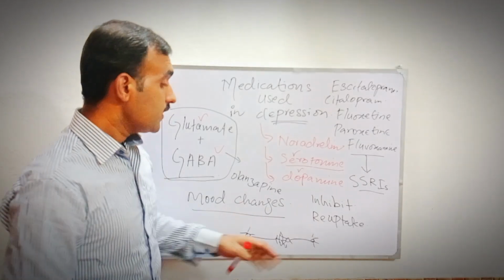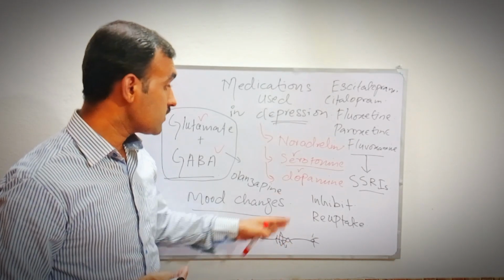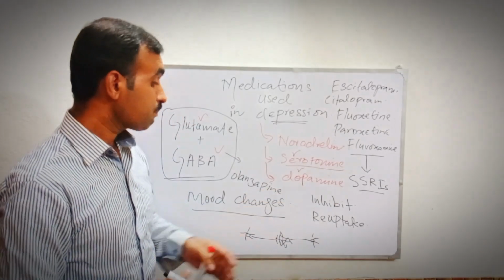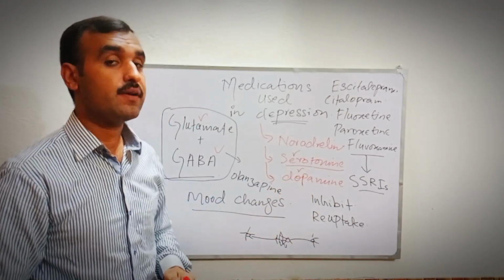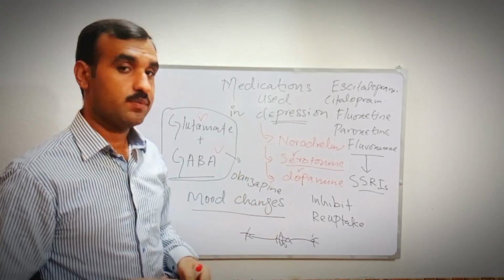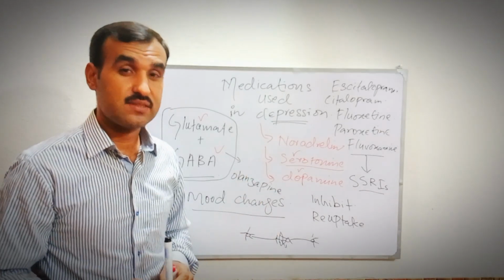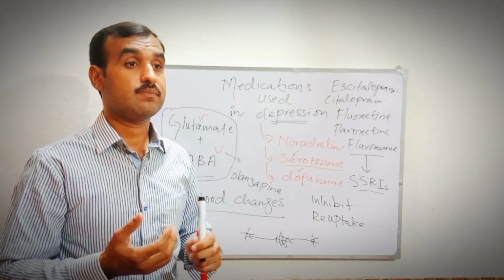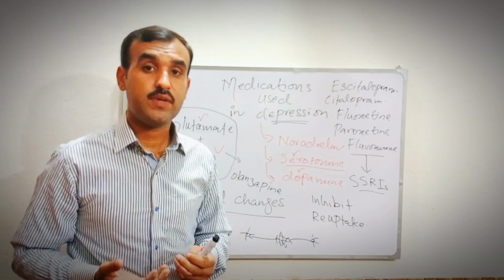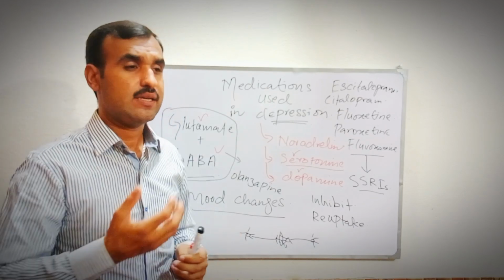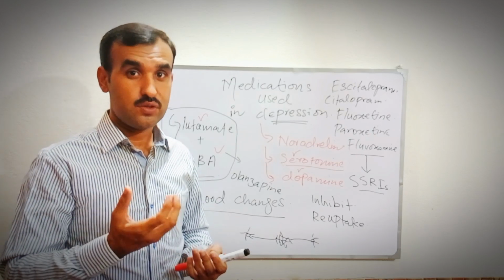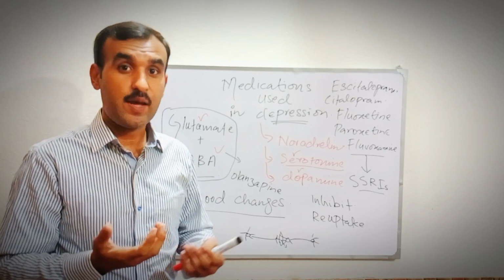So whenever the reuptake of these chemicals is inhibited by such medicines, the serotonin or dopamine level is ultimately increased inside the brain, and the person will feel relaxed, calm and cool, and will also take interest in many daily life activities, look fresh and happy.